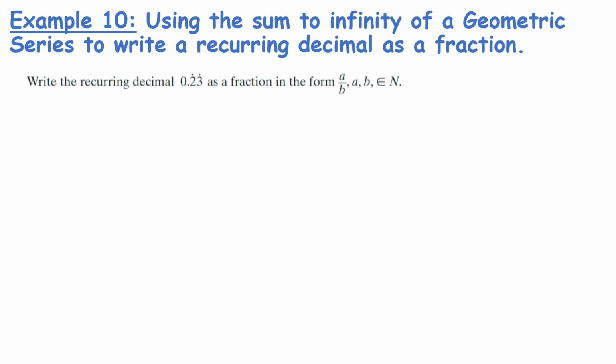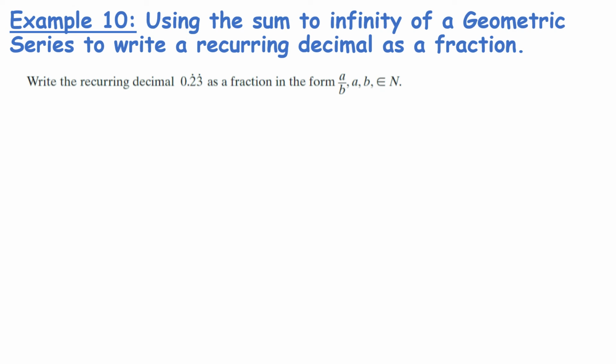So the final example is one that's a little bit different, and we have seen this asked on the paper. This is using the sum to infinity of a geometric series to write a recurring decimal as a fraction. Recurring decimals, we see them often on our computer where it pops up with these dots above the numbers.